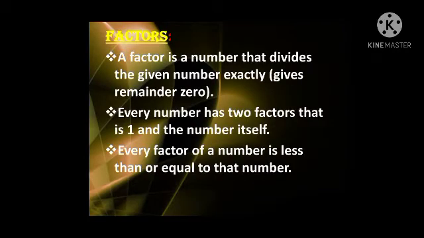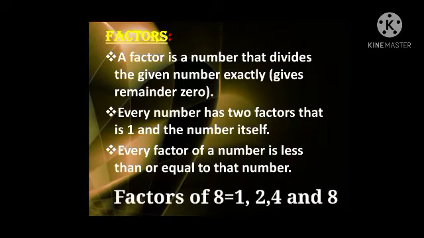For example, the factors of 8 are 1, 2, 4 and 8. If we divide 8 by a factor, we get the remainder as 0. For example, 8 divided by 2 is 4 and the remainder is 0. 8 divided by 4 is 2 and the remainder is 0. 8 divided by 8 is 1 and the remainder is 0.